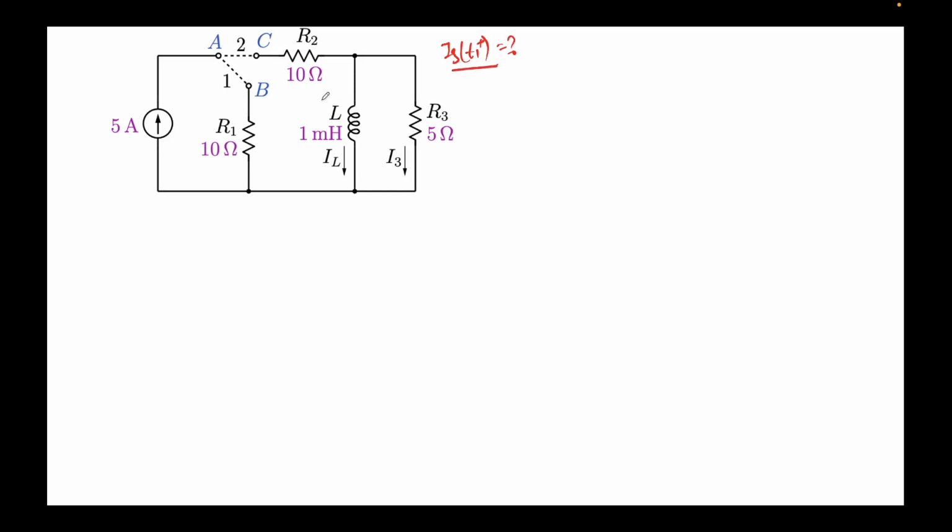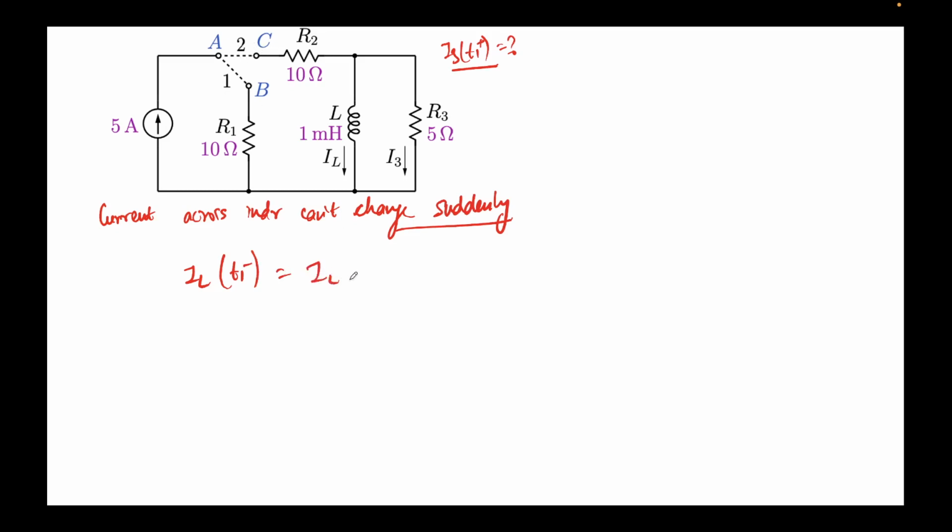Again we'll use the same principle, that current across an inductor can't change suddenly. So whatever IL was at t1 minus, while the switch was still in position 2, this should be the same.